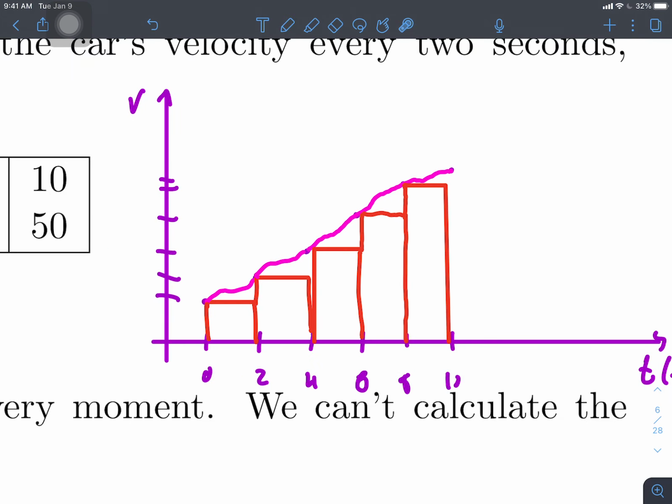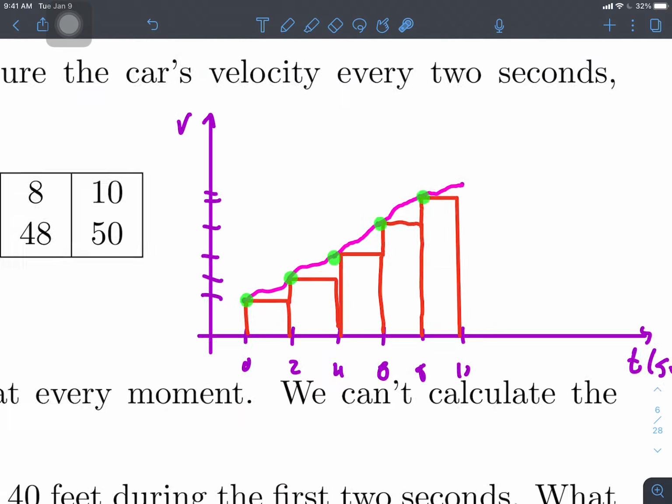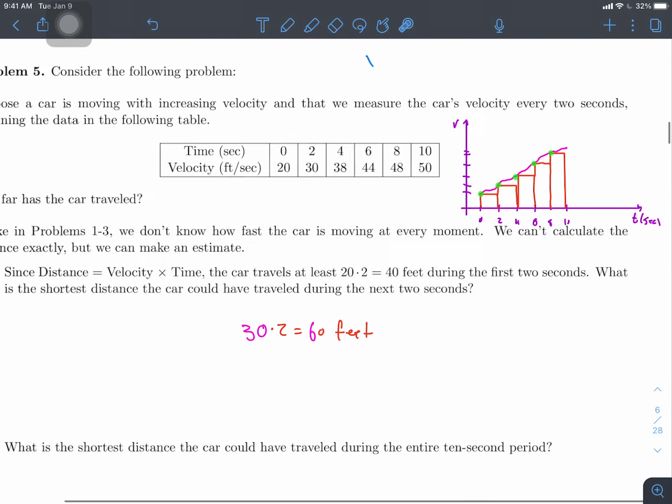Okay, and in fact, I don't end up using the last data point here where the height is 50, do I? I don't even use that. All I do is use all the points on the left to determine the height of each rectangle.